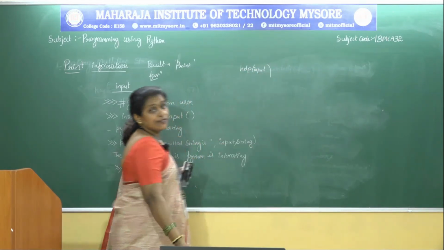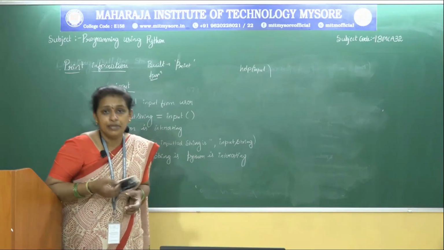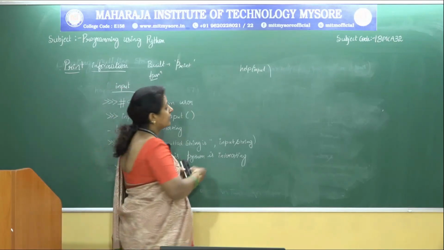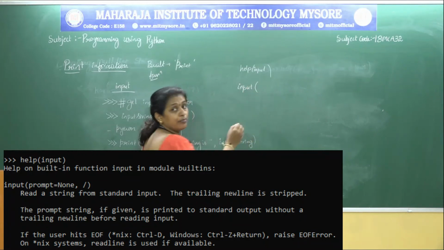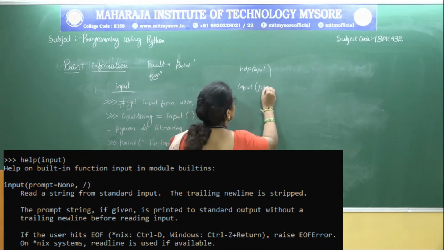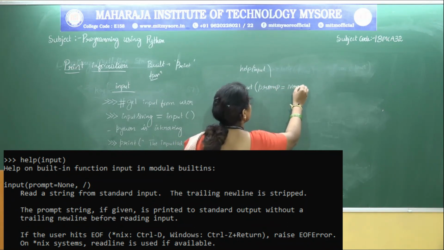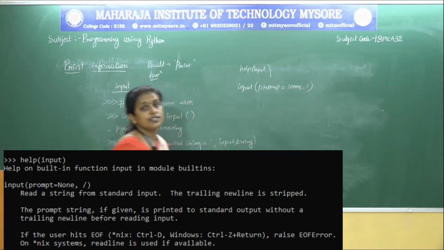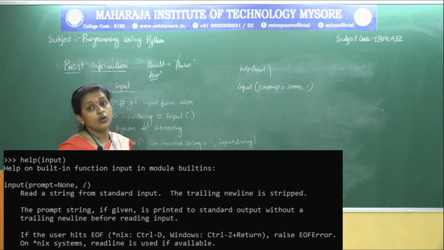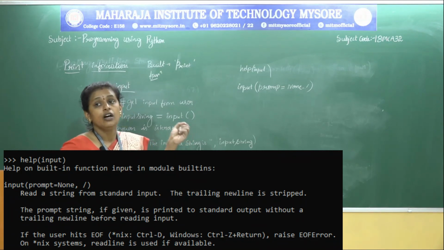As usual, the first line will be help on built-in function input in module builtins, and the syntax of this input function is input, prompt equal to none. The function is going to read a string from the standard input, and the trailing newline is stripped.